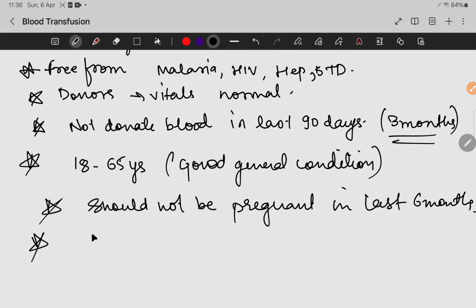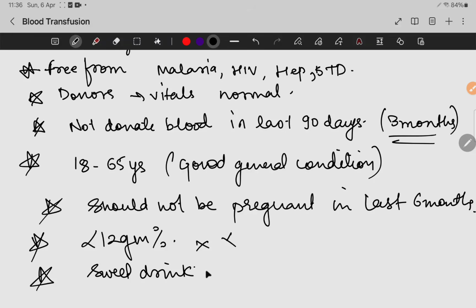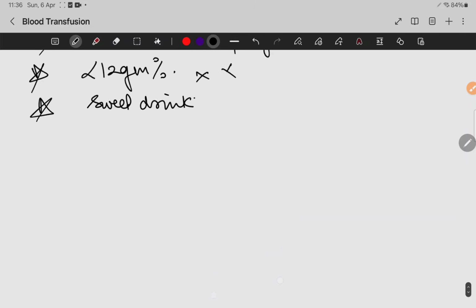Hemoglobin should not be less than 12 gram%. Blood should not be collected on an empty stomach. Okay, and give a sweet drink after donation of blood. Next we will see the types of blood donations.